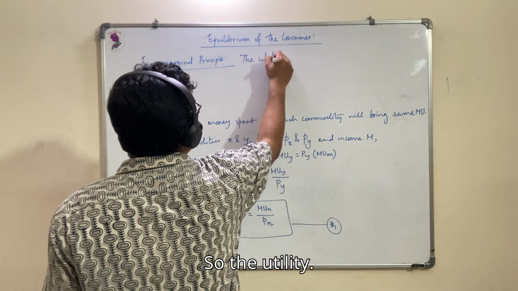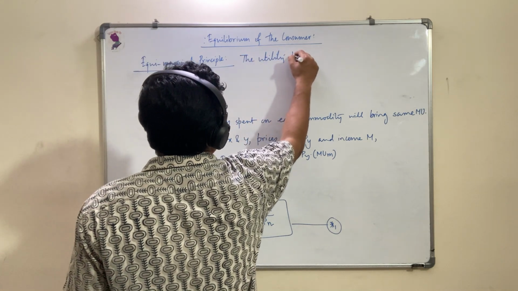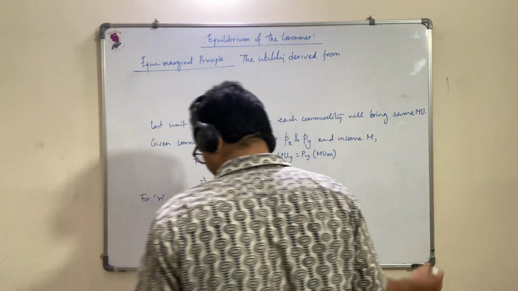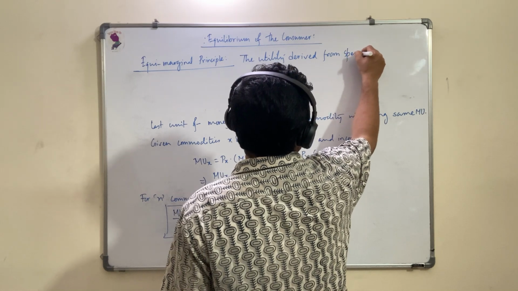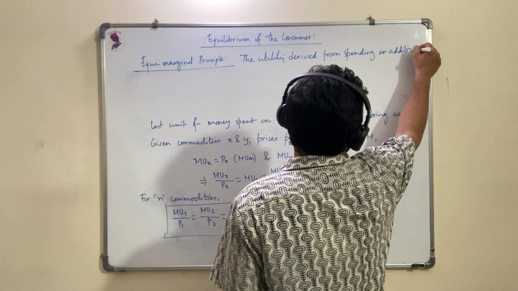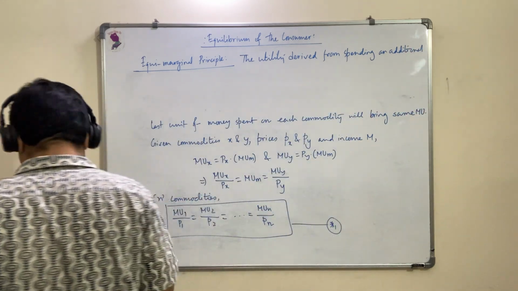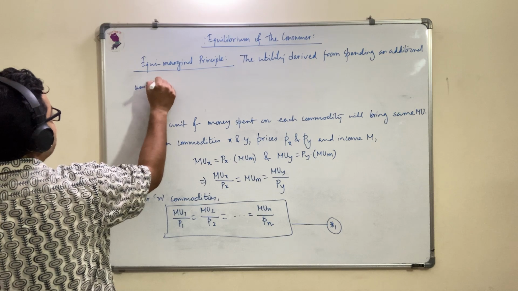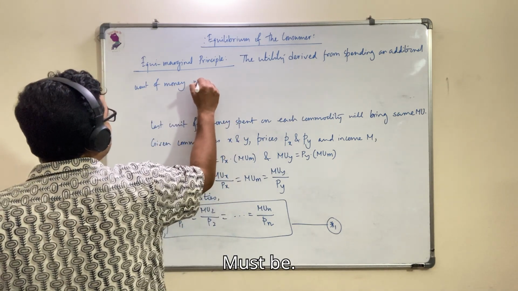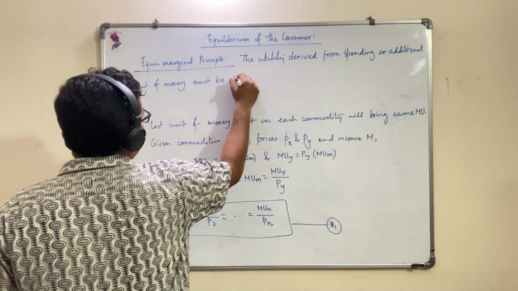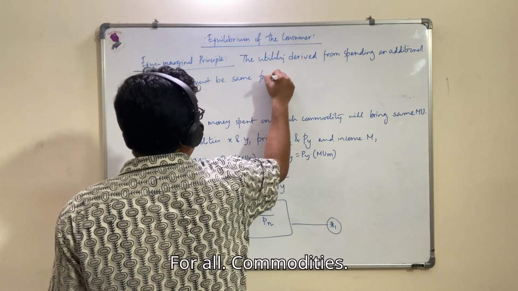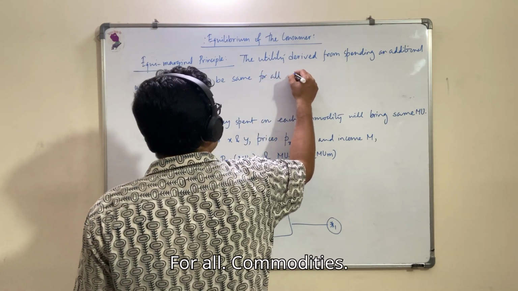So the utility derived from spending an additional unit of money must be the same for all commodities.